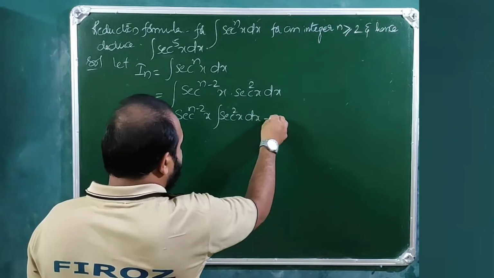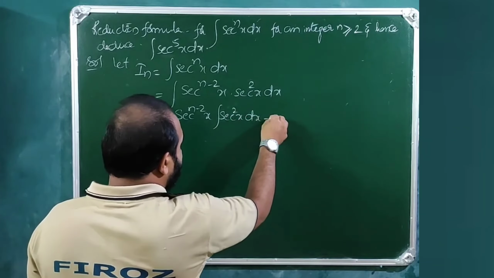So this is equal to secant power n minus 2x, integral secant square x dx is tan x, minus d by dx of secant power n minus 2x. This can be taken as d by dx of secant x whole power n minus 2. Let us take secant x to be x. So x power n minus 2 gives n minus 2 into x power n minus 2 minus 1, that is n minus 3.